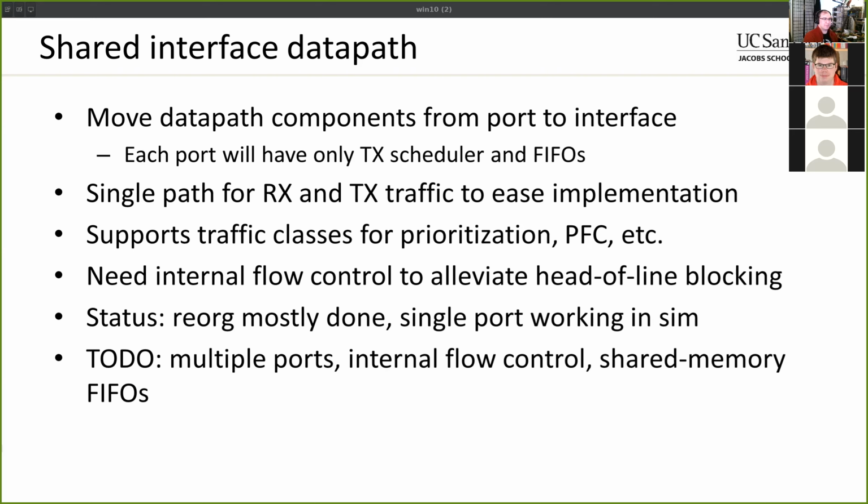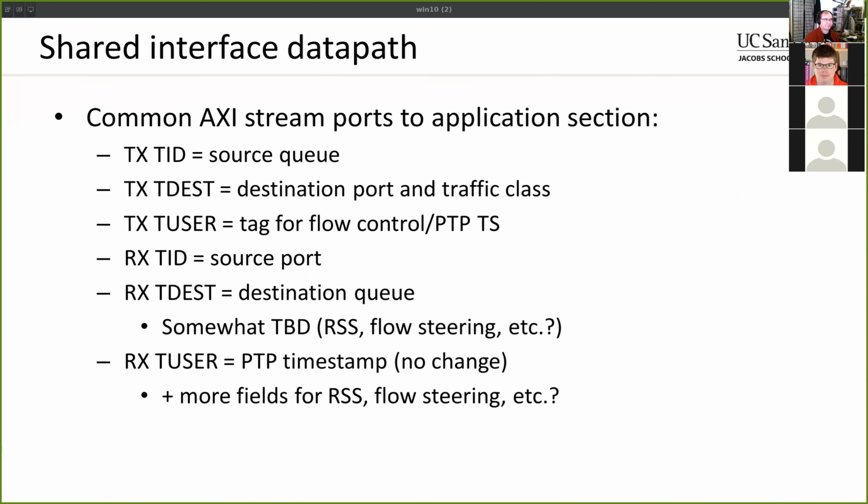But the big component for the shared interface data path, probably one of the bigger changes that people might run into, is that the interface into the application section is going to be modified a little bit. We're going to be bringing on a couple of the sideband signals, TID, TDEST, and TUser, for both the RX and TX.